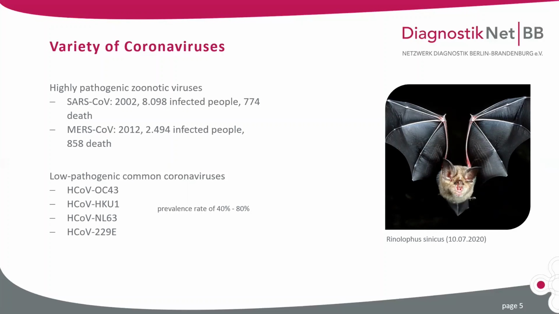The prevalence rate, on the other hand, is huge. So 40 to 80% of the people are being infected or have had an infection with these viruses, and therefore we have to take care about these viruses very carefully in terms of diagnosing. Cross-reactivity is here the keyword.